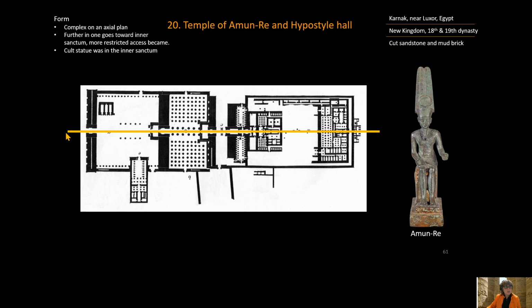As you enter, and not everybody gets to enter, only really the pharaoh, his attendants and the priests, they reach the more sacred part of the temple, and it's here in the inner sanctum where the statue of Amun-Re is placed.